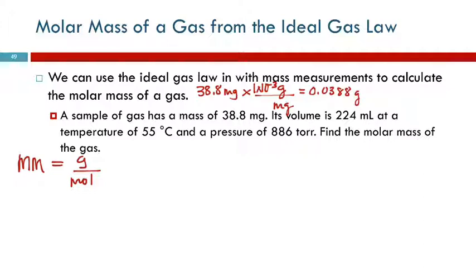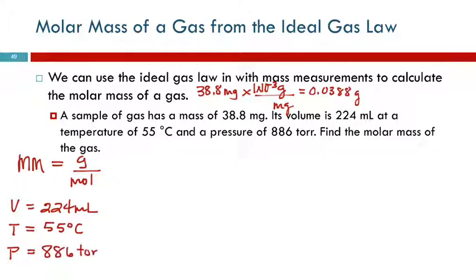Well, let's take those numbers and see what we've got here. We've got 224 milliliters. That's a volume. I've got a temperature that's 55 degrees Celsius. And I have a pressure that is 886 torr. That's looking like I could probably use the ideal gas law to find the number of moles.